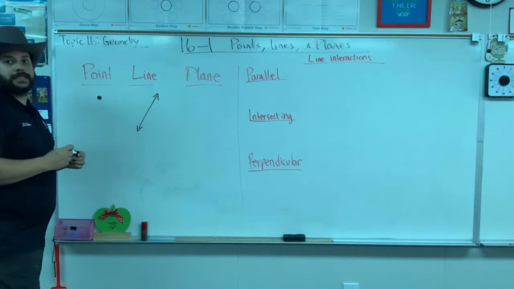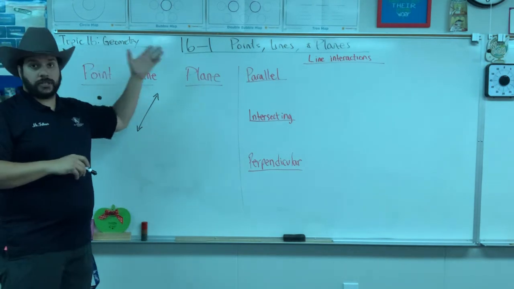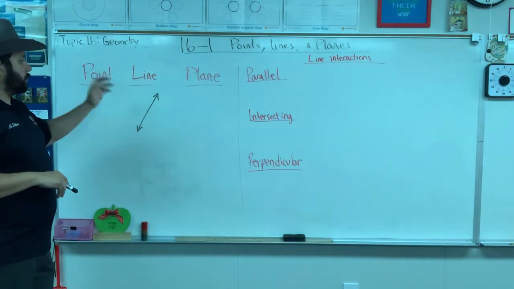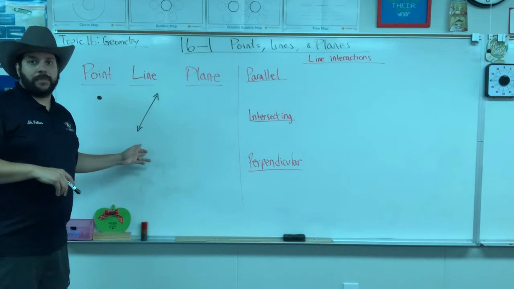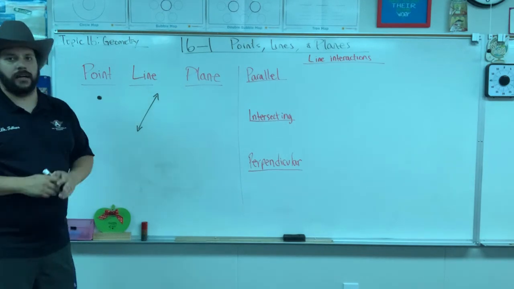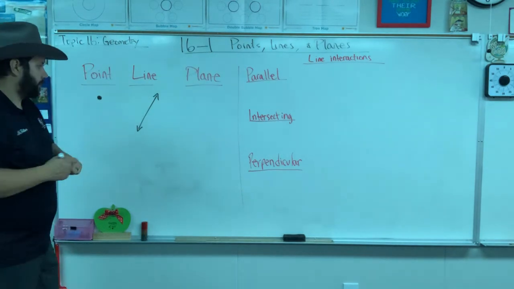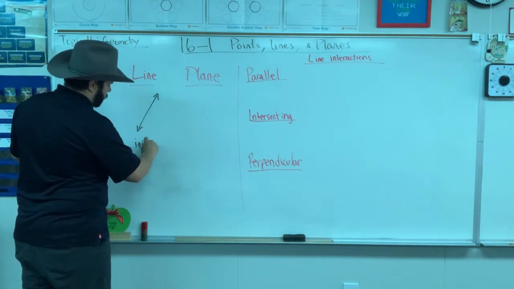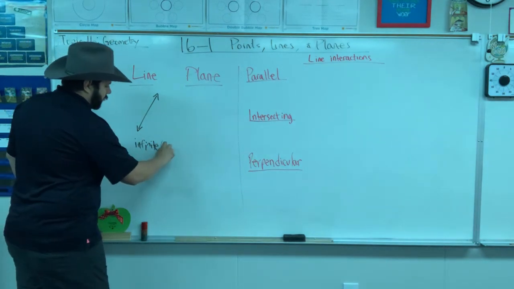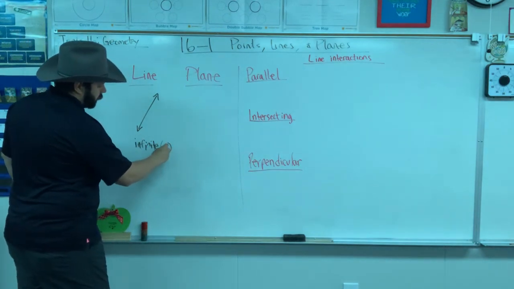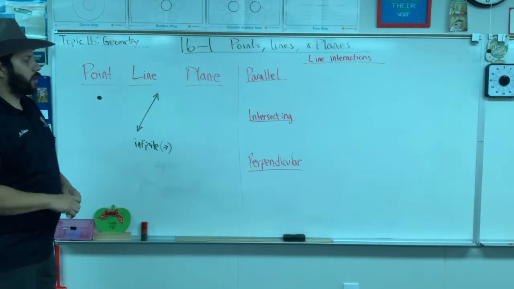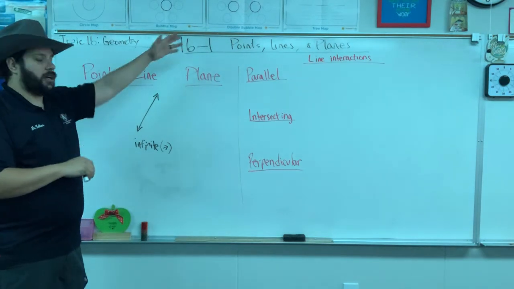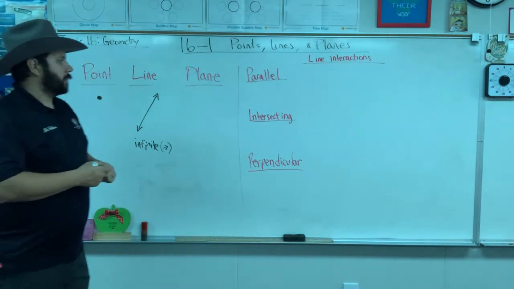So when you see, in geometric terms, something with little arrows at the end of it, that means the arrow is pointing on to infinity, never ending. I'm just going to add down here, infinite, and it's represented by the little arrows. So a true line goes on, never stops.